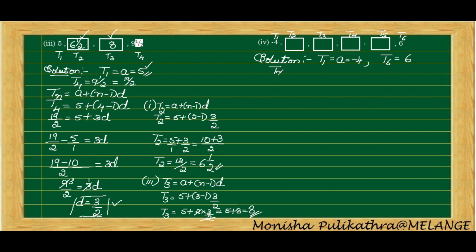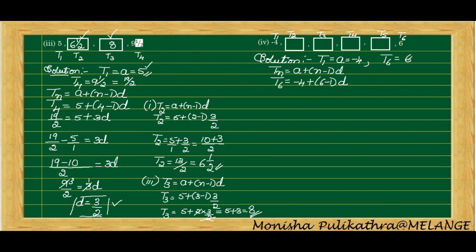By applying the Tn formula, Tn is equal to A plus N minus 1 into D. So first I will substitute the T6 value. So T6 is equal to A is minus 4 plus N minus 1, N is 6 here. So 6 minus 1 into D, which is not given, so we have to write D as it is.